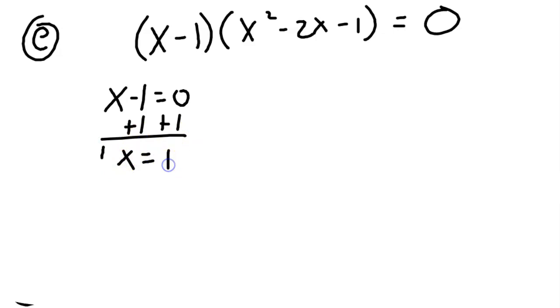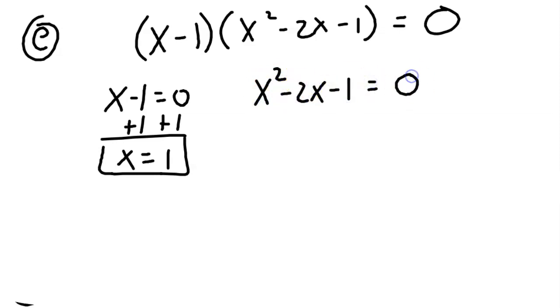It's just 1, which we already knew because that's the root I told you anyway. But then this guy didn't factor, but we could still set it equal to 0, right? How do we solve that? Well, I'll give you a hint. This is a quadratic equation. So how do you solve a quadratic equation in standard form when it equals 0?